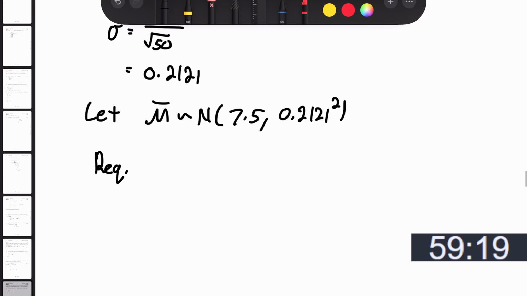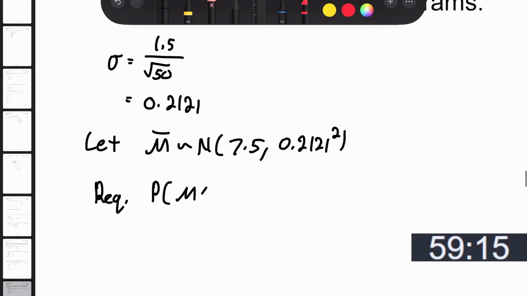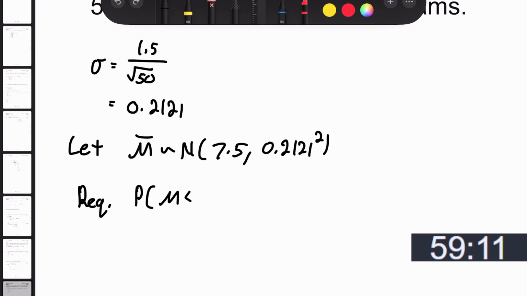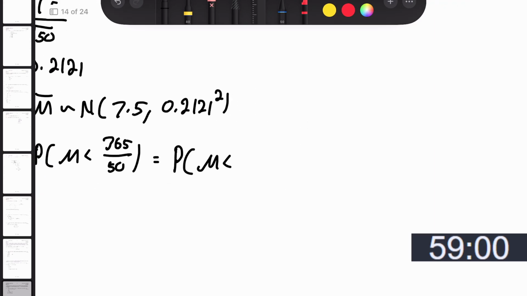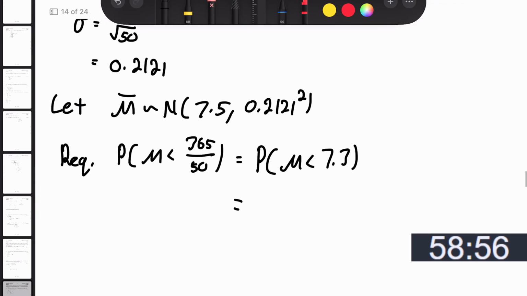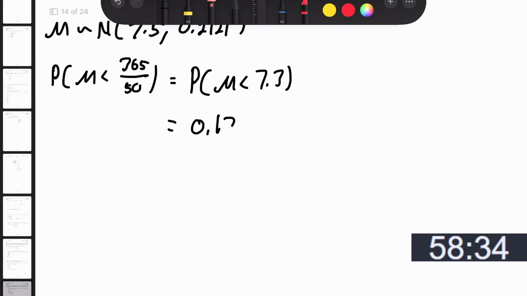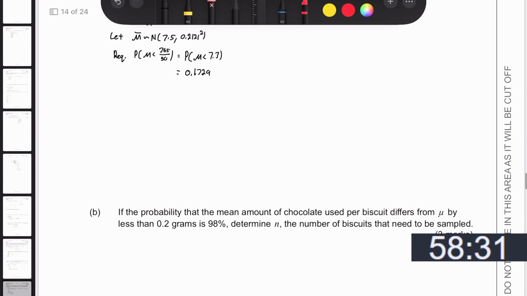We require the probability of M being less than 365 on 50, the probability of M being less than 7.3. So I want normal CDF from negative infinity to 7.3 with 0.2121 and 7.5. So this is 0.1729.